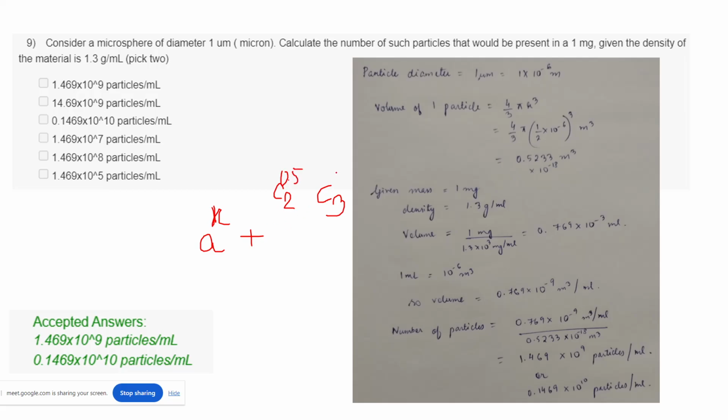Since both have a similar power, you can simply put it as c2 plus c3 to the power 0.5, and whatever the c1 value was there. So this is how the second option would also be correct for the second order reaction.